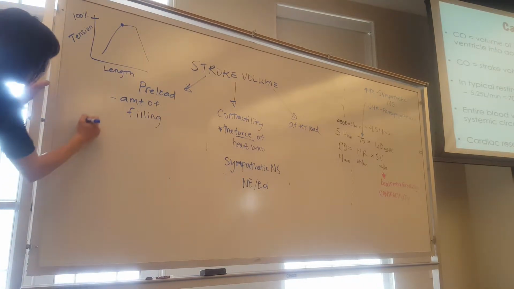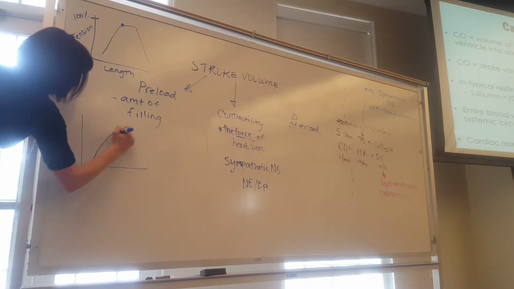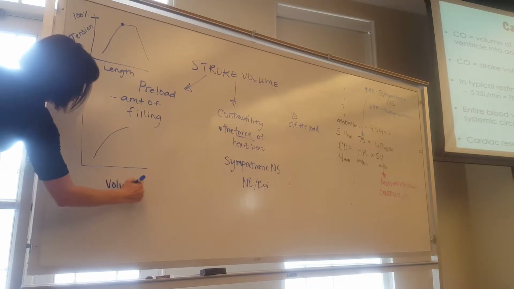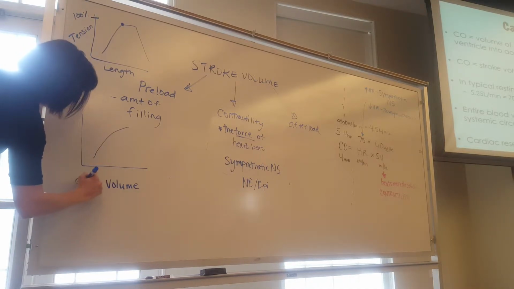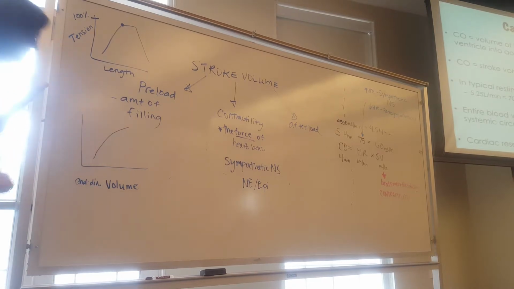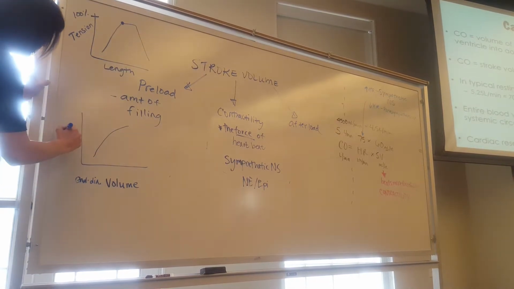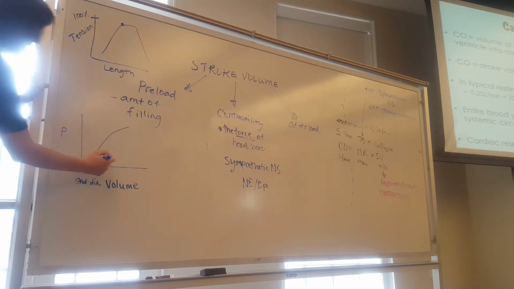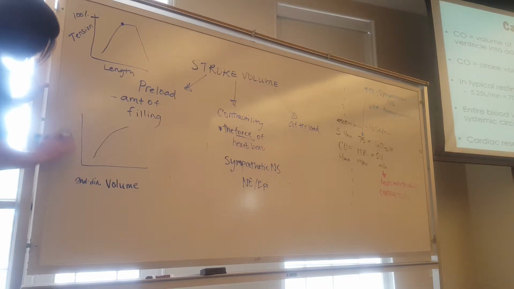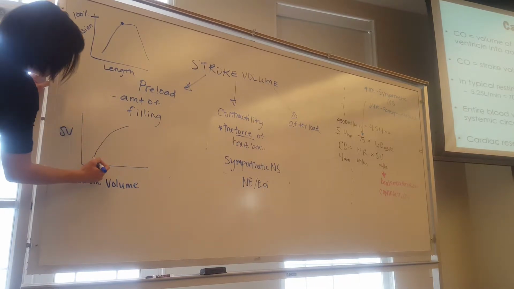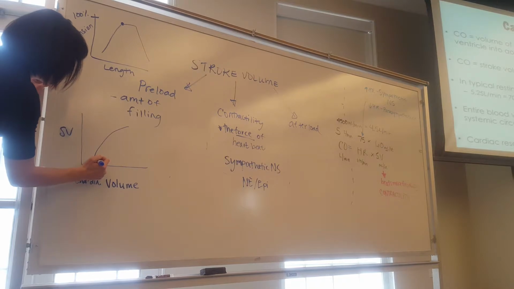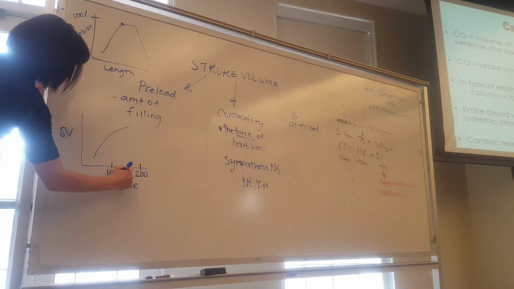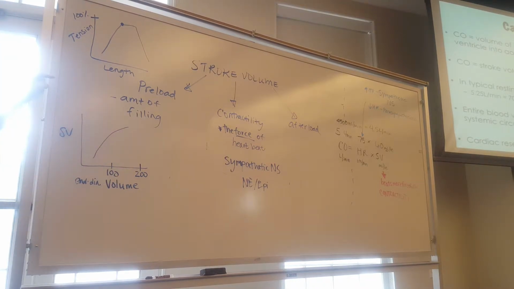Another way to look at it is like this. Okay? Where this is volume, specifically end diastolic volume. And this is pressure, although that's not important right now. Well, no. This is stroke volume. Don't listen to me. All right, so as you fill with more blood, let's say you fill with 200 mils versus 100 mils.